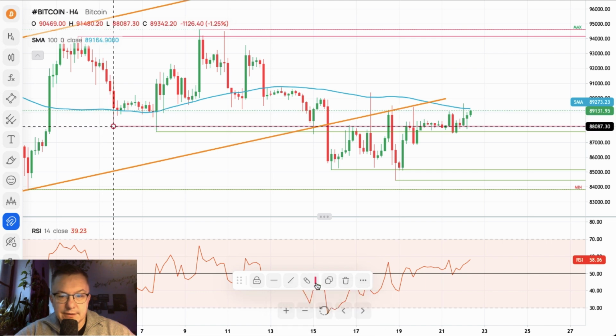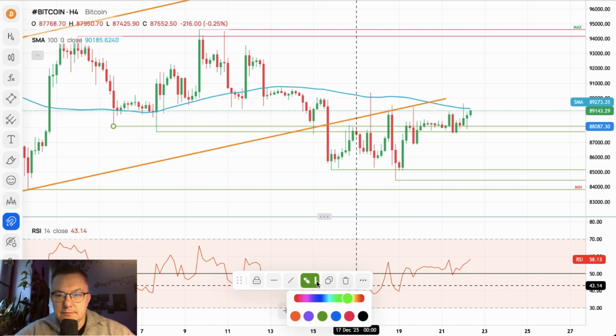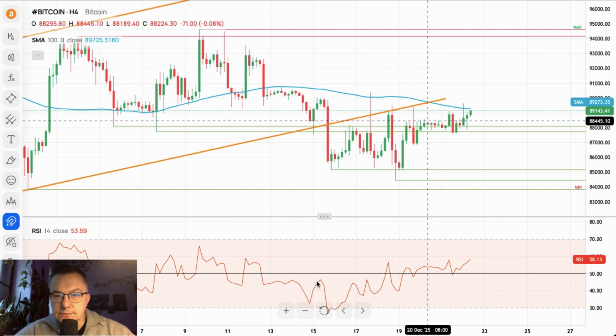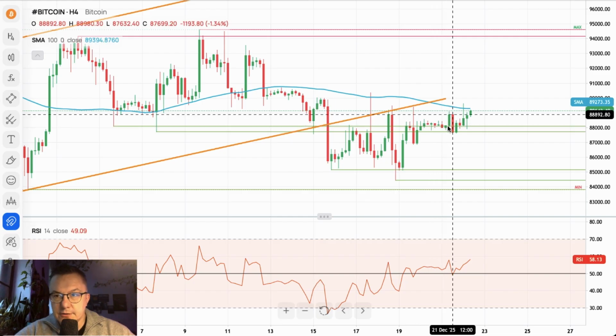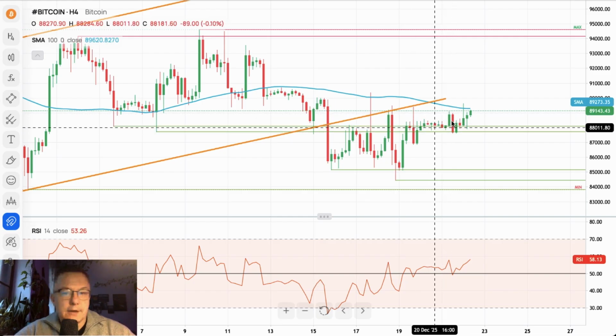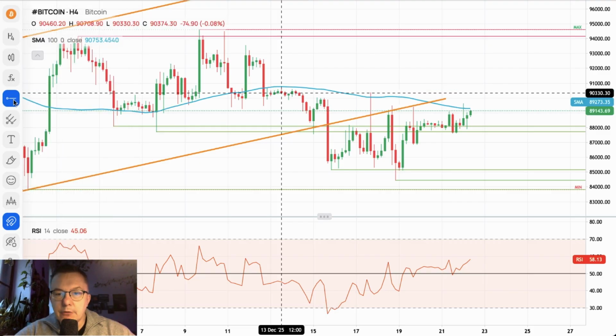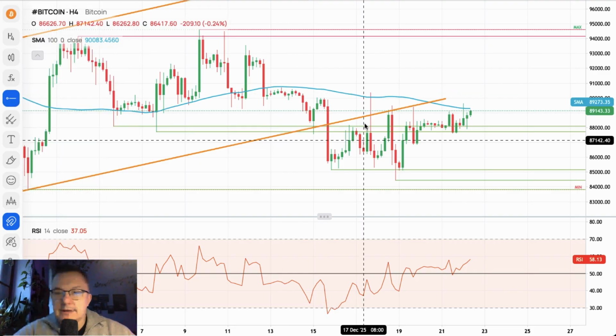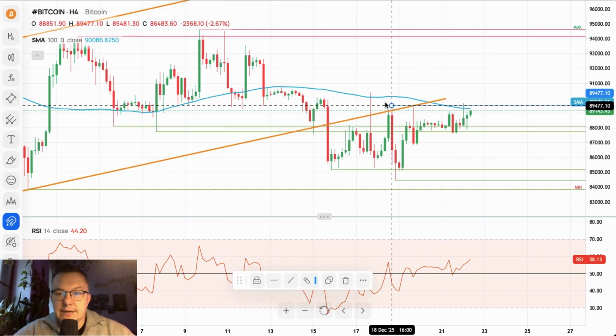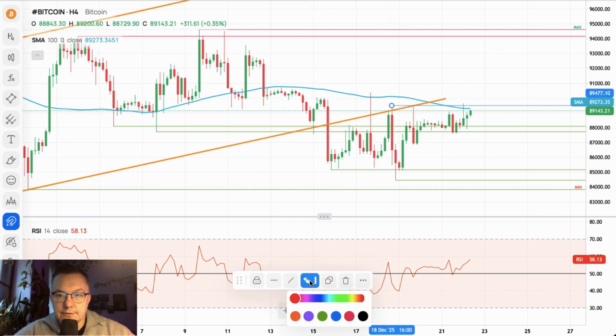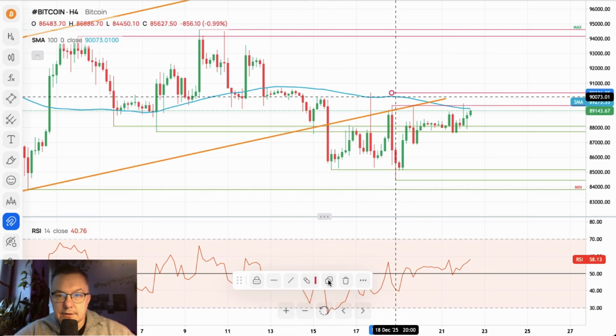One of the interesting zones is the one that I'm marking right now, which provided very nice technical support during the whole weekend. Now, from the upside, we can see that the bulls are definitely trying to break above those levels here, right?